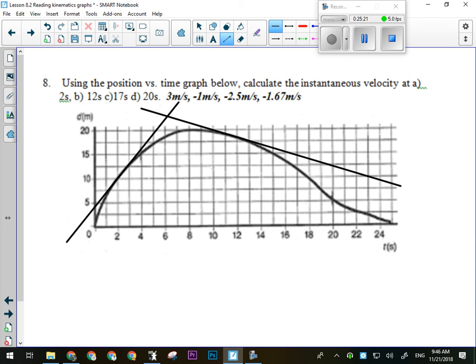Something like that. For 17 seconds, probably something like that. And at 20 seconds, something like that. And then I would calculate their slopes. Again, I'm never going to ask you to do that because it's just too much of a pain to mark, because everybody's line is going to be a little bit different.